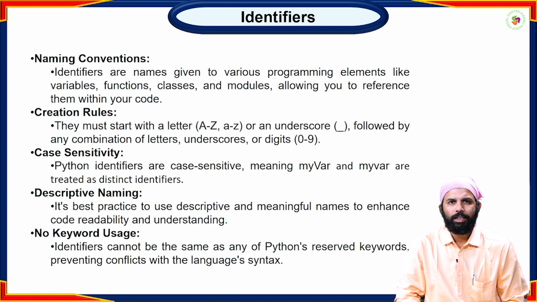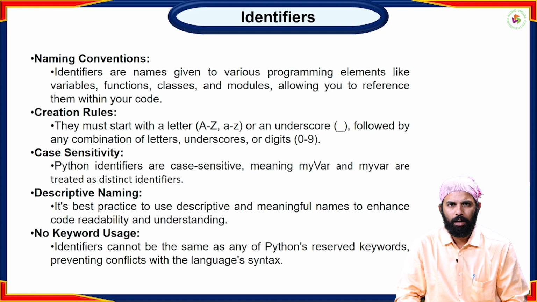When we talk about case sensitivity, yes, we have case sensitivity in this programming language also, as we have in other programming languages. So Python is also case sensitive with respect to the name which we are using as an identifier name.